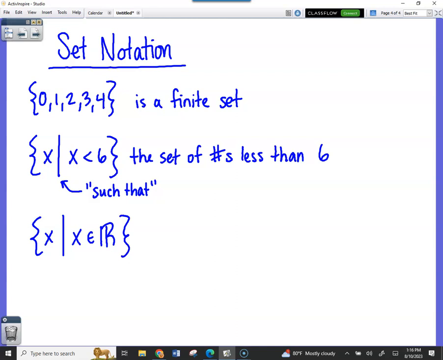But it stands for technically element of. So let's draw an arrow to the little e. Let's write element of, meaning in the family of real numbers. Which means that this is the set of real numbers.